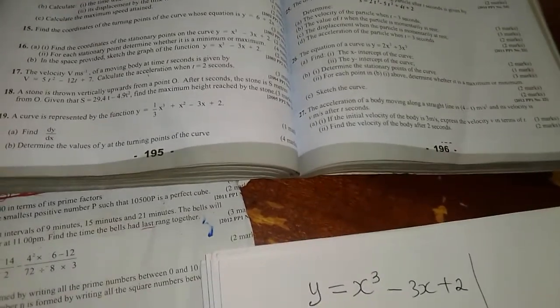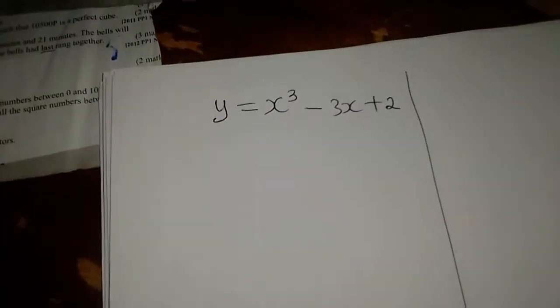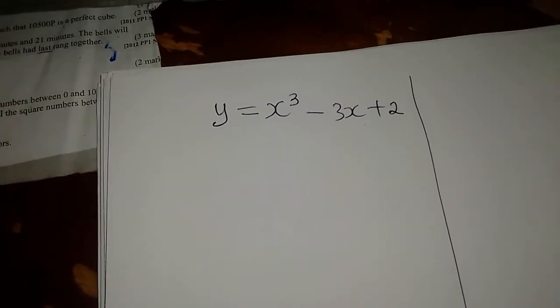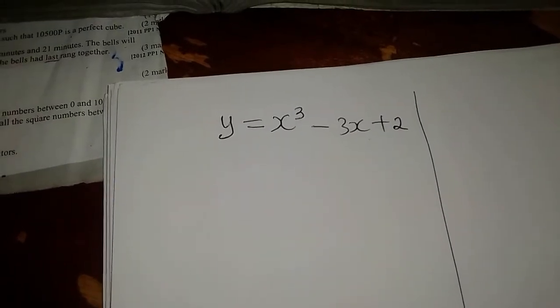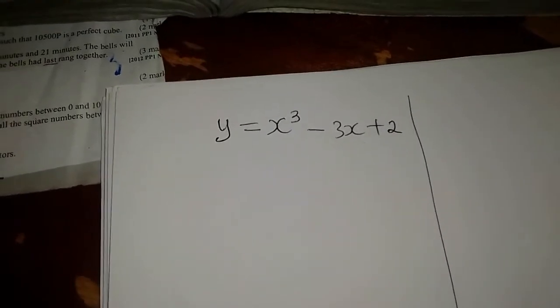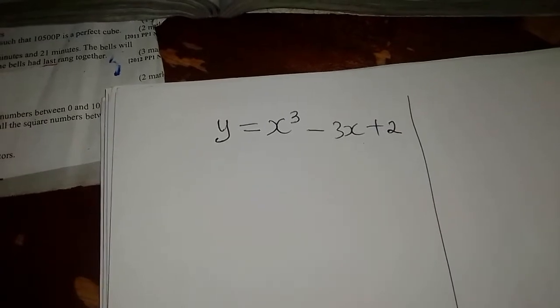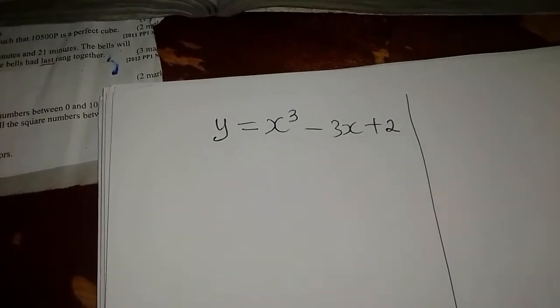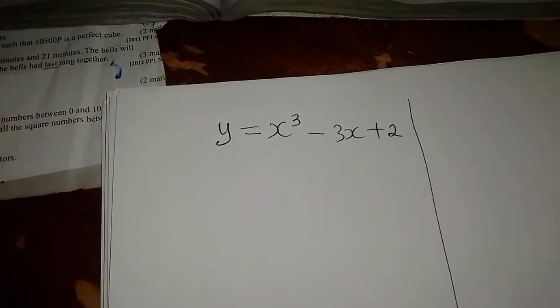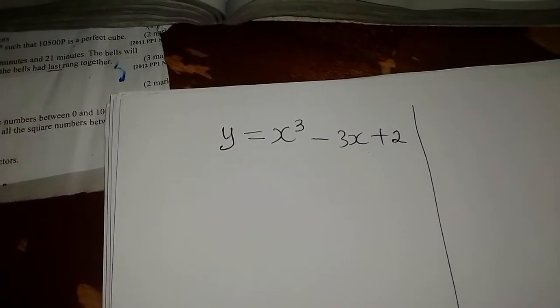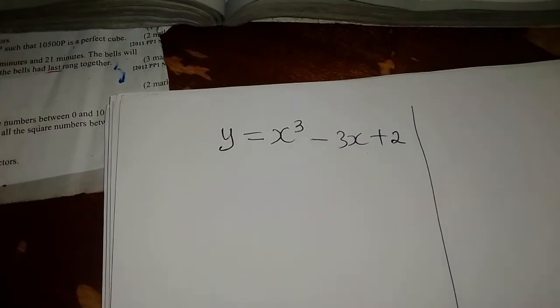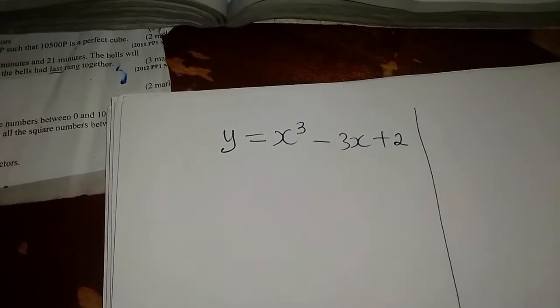How do you get the stationary points, and how can you tell whether each is a minimum or maximum turning point, that is, explain the nature of the turning points of the curve? If someone says determine the nature of the turning points, they are asking you to determine whether these turning points are minimum or maximum.